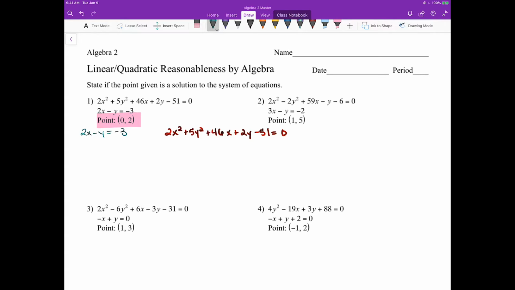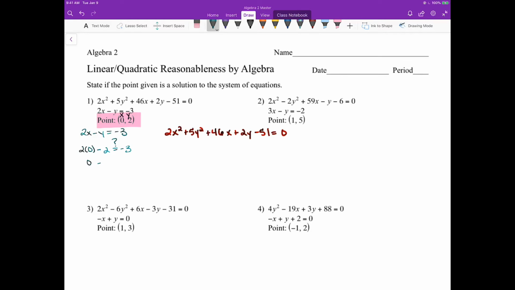We substitute the 0 for x, the 2 for y in each equation, and that results in 2 times 0 minus 2, and is that equal to negative 3?